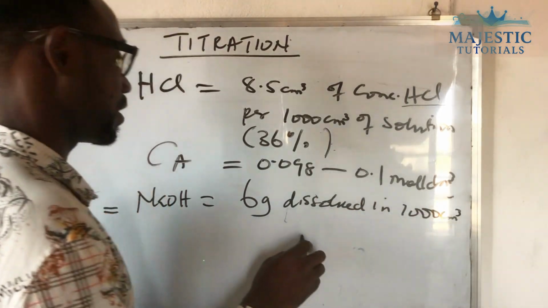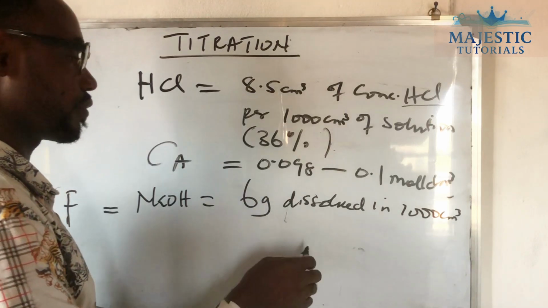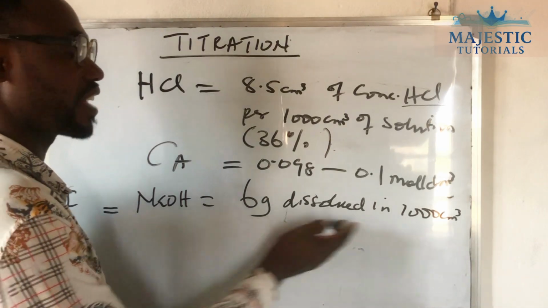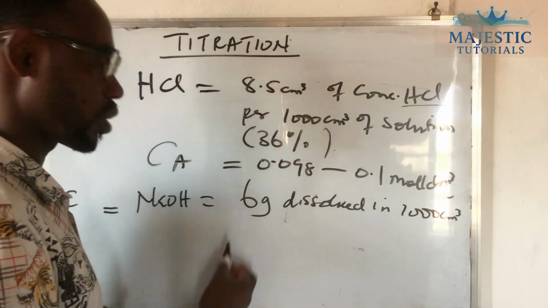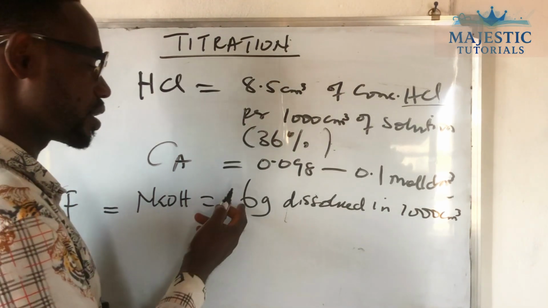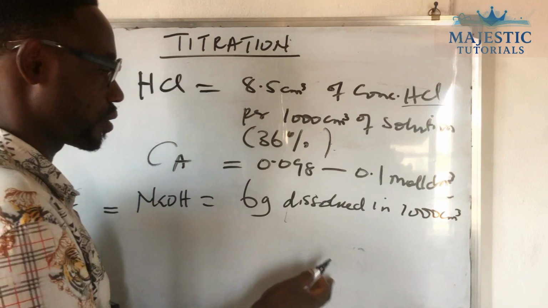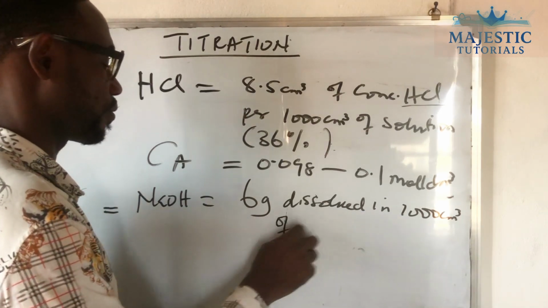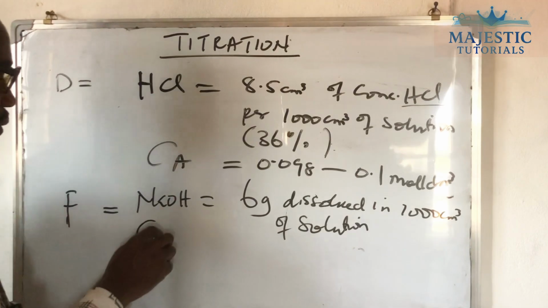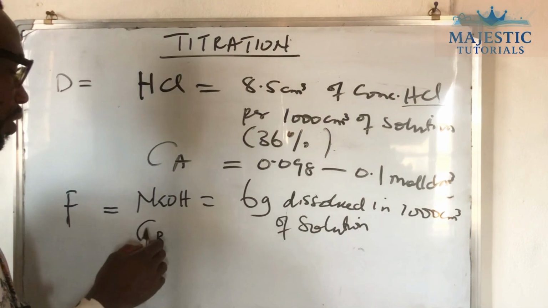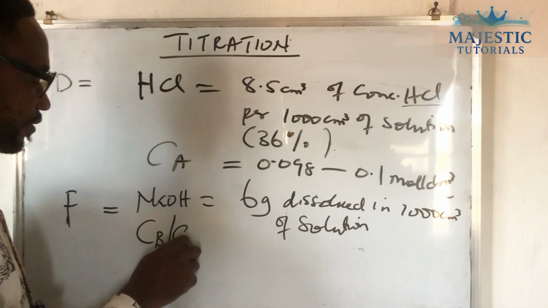Remember, not solvent, it is solution, which is a mixture of solute and solvent, which means you measure 6 grams and add it up to 1000, meaning this 1000 will collectively contain both the mass of solute and the solvent. Dissolved in 1000 cm cube of solution.